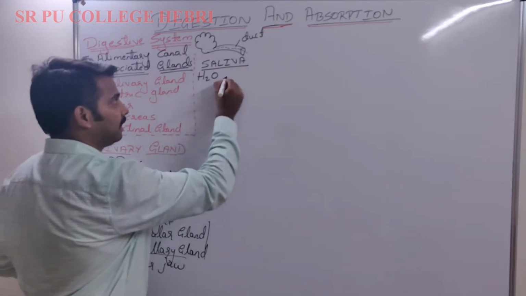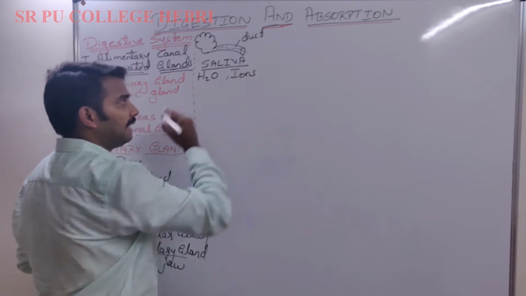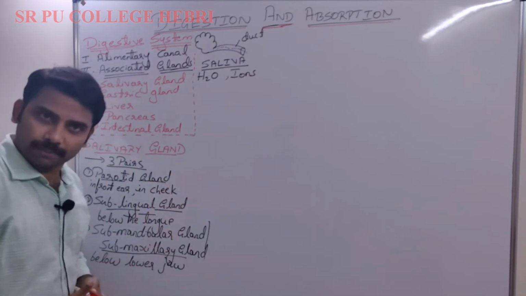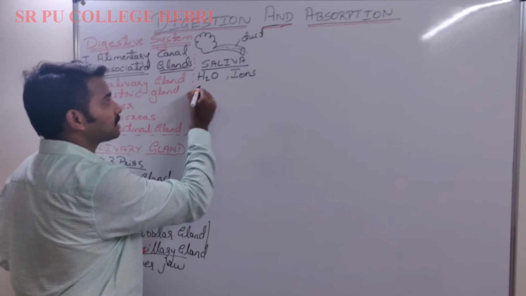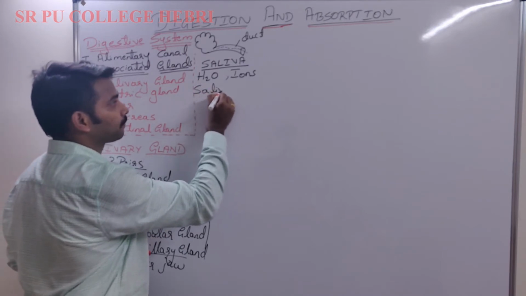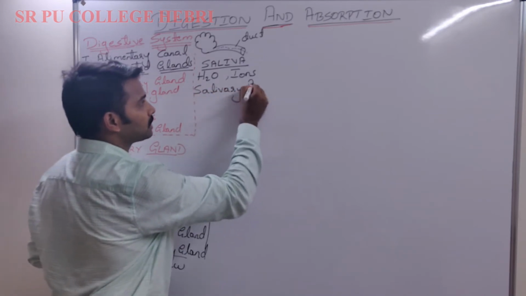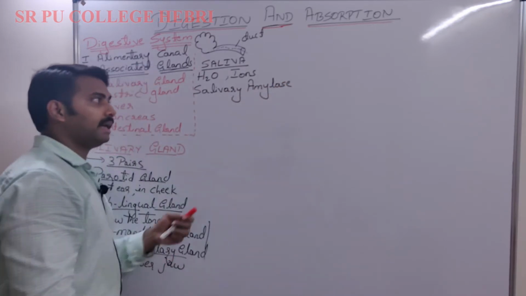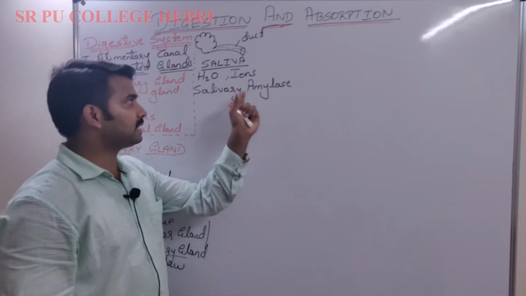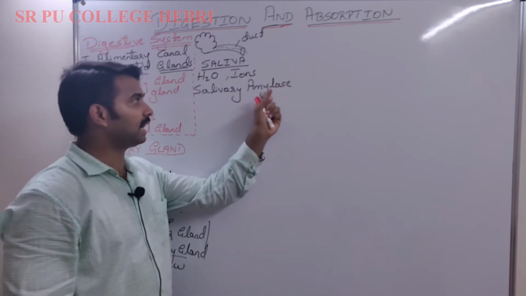What else is there? It has few ions like Na plus, Cl minus is also present. Very importantly, it has an enzyme called what? Salivary amylase. Mark this as very important. ACE, I told you, it is a protein or enzyme, or it is a carbohydrate.